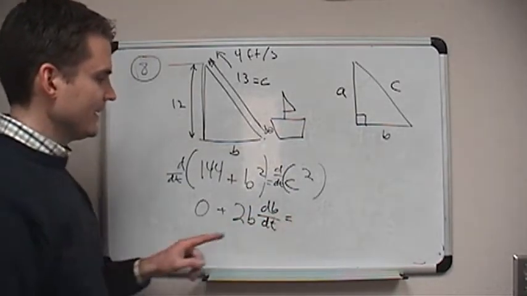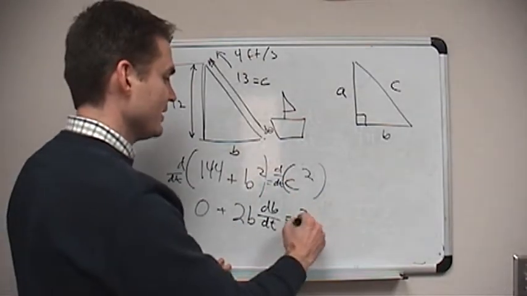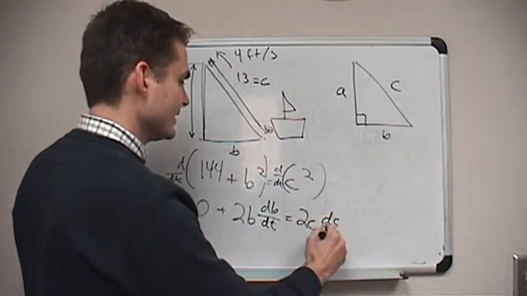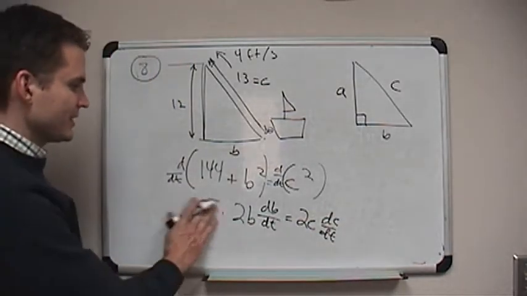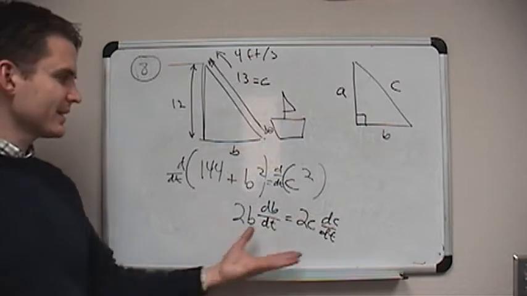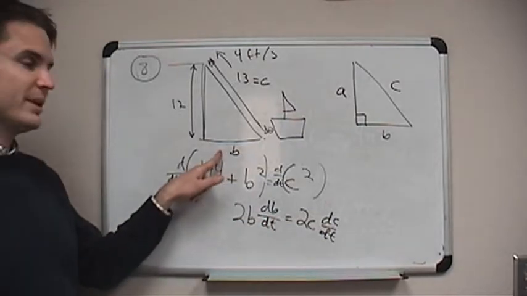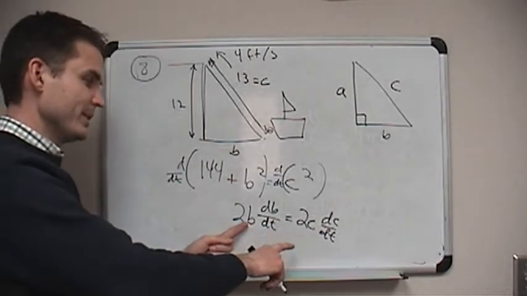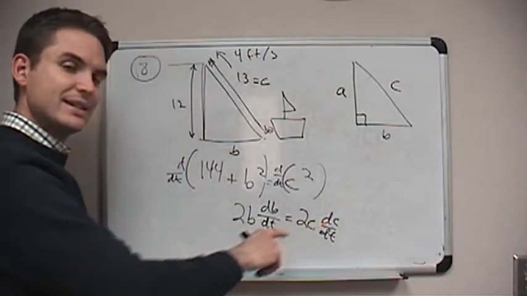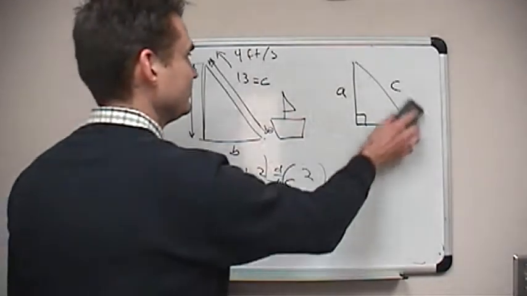And that's equal to, again, the implicit derivative, 2c dc/dt. If you look at this equation, it's basically got things that we can substitute in now. We want to find the rate of change of b, we want to find dB/dt, and we can do that if we know what b, c, and dc/dt are.